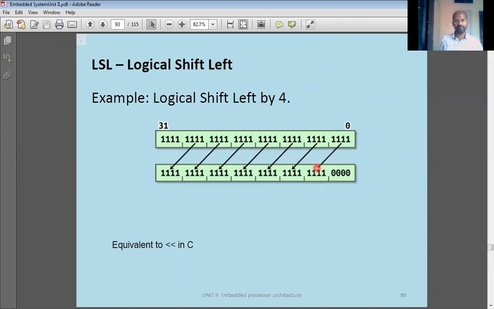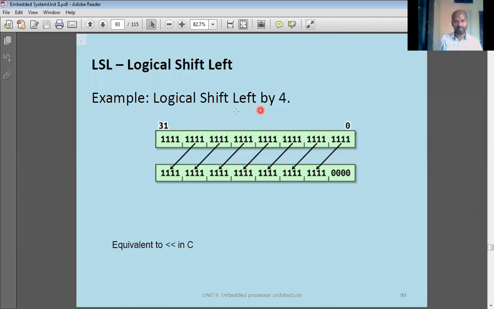Now see here, we are logically shifting it left by 4 units. 4 units means the first 4 bits will become the next 4 bits, so these 4 bits will come down here, these 4 bits will come down here, and so on. These 4 bits will become the last 4 MSB bits. Whereas what happens to the LSB 4 bits? They all become 4 zeros.